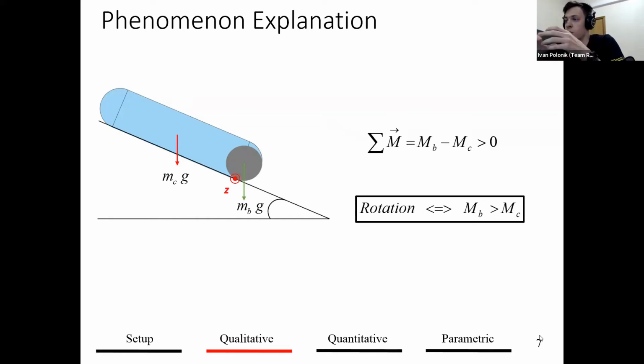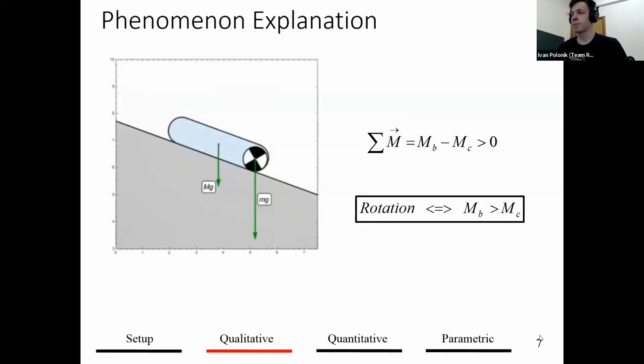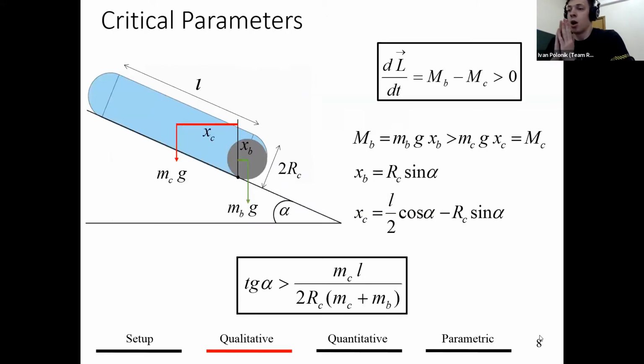Because of it, there are only 2 torques which can rotate the beam: the torque created by gravity acting on the ball and the torque created by gravity acting on the capsule. So our system can rotate if the torque created by the ball is greater than the torque created by the capsule. And of course, it's obvious that each of these torques depends on the geometry and the mass.